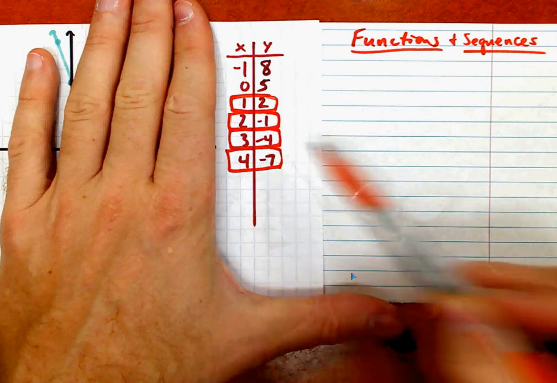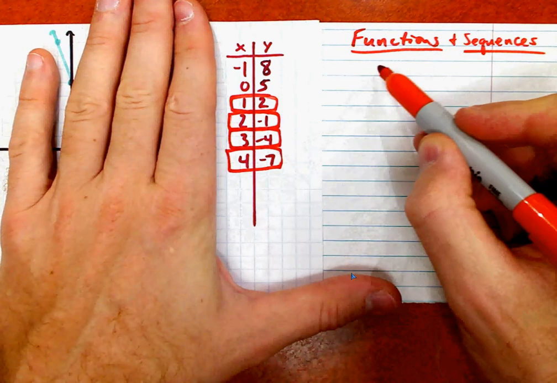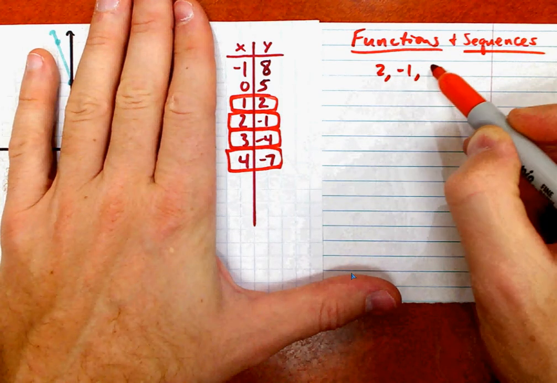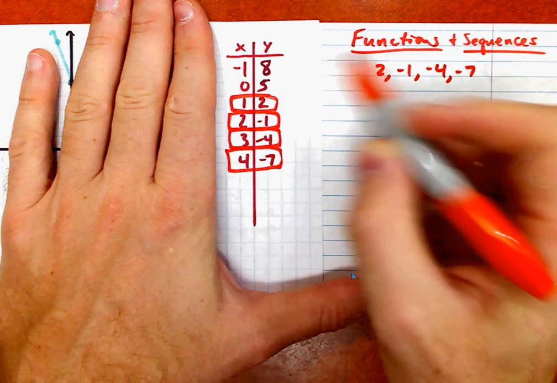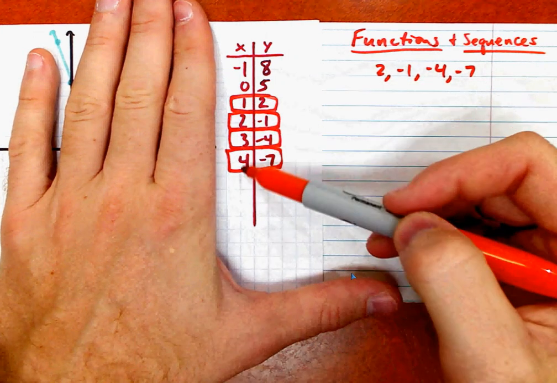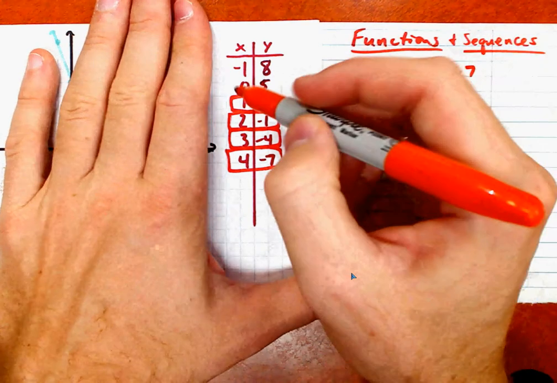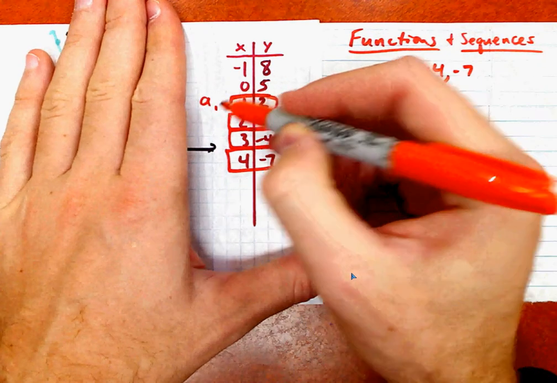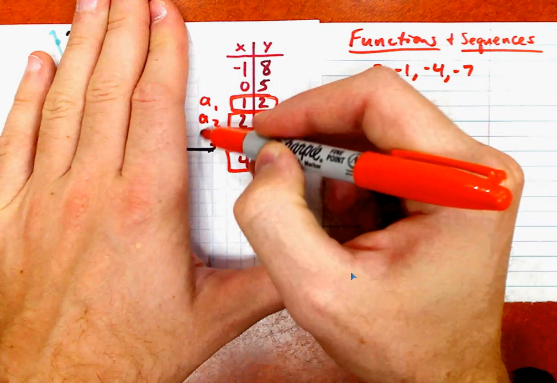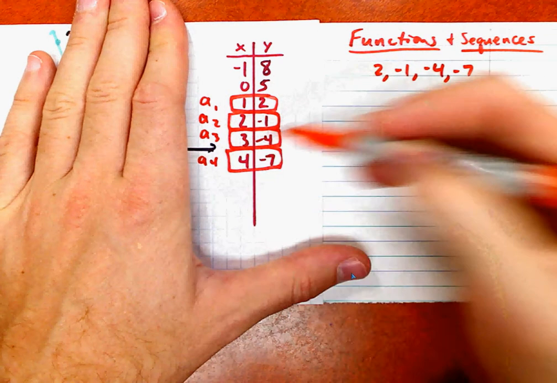Fourth term of the sequence is -7. So the x value here tells us what term of the sequence we're considering. So you could almost call it a sub 1 and a sub 2, a sub 3 and a sub 4.